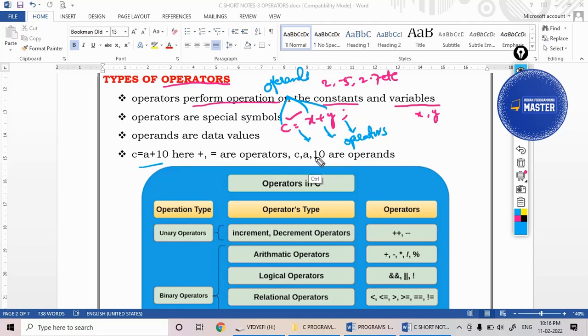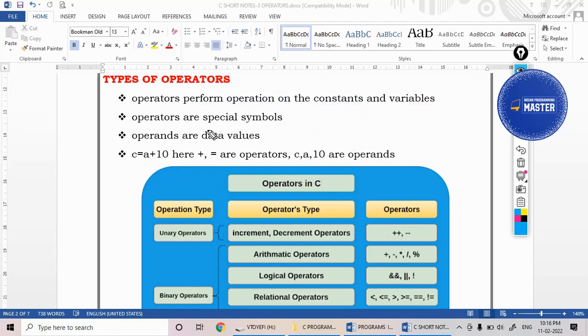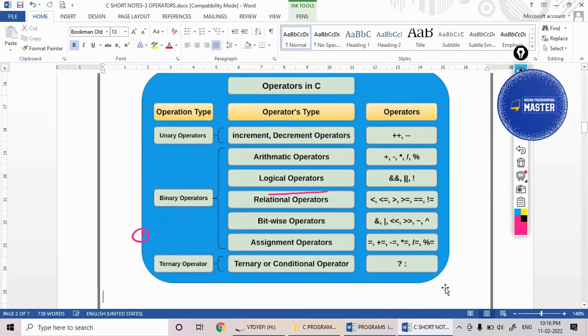In C, different types of operators are available. They are classified mainly into three types: unary operators, binary operators, and the ternary operator.